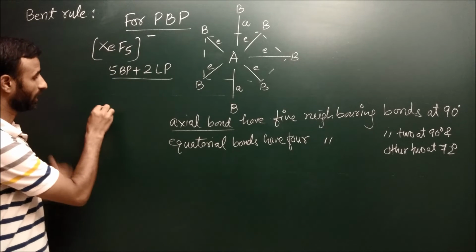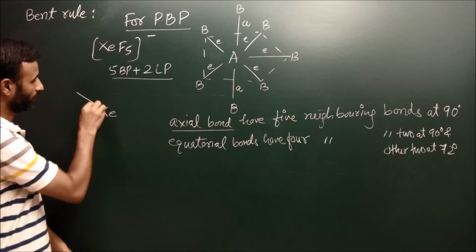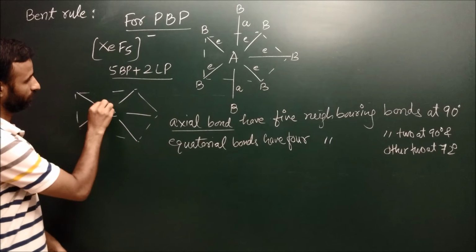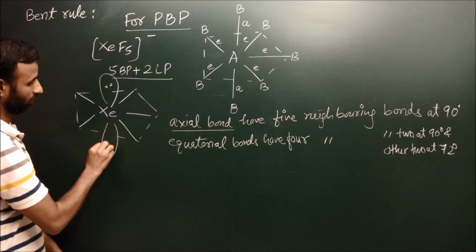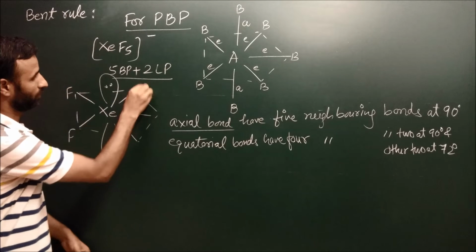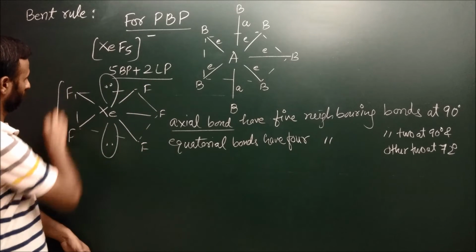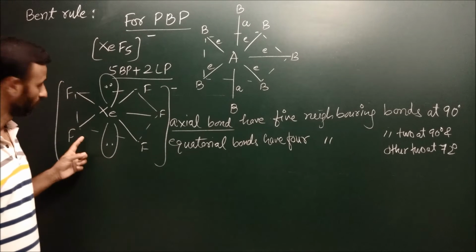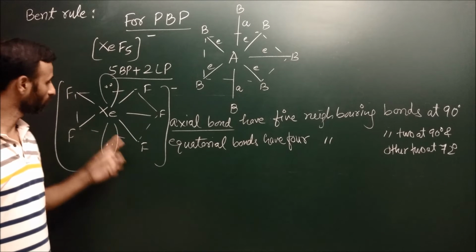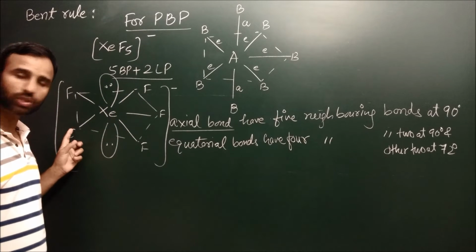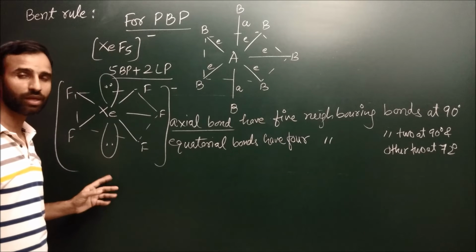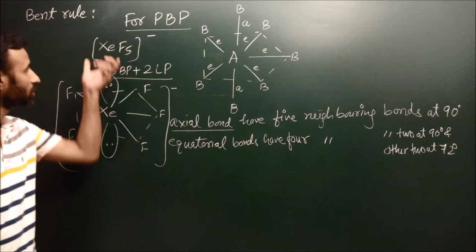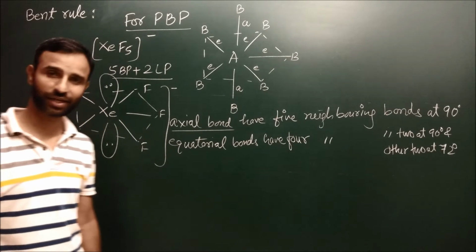That's why XeF5 negative has structure like this. These are 5 fluorines on the equatorial positions and 2 lone pairs on the axial positions. So Bent's rule successfully explains the structure of XeF5 negative.